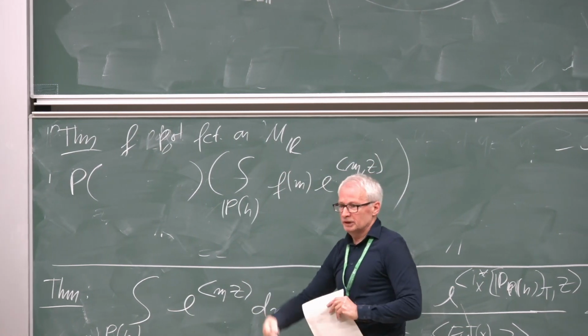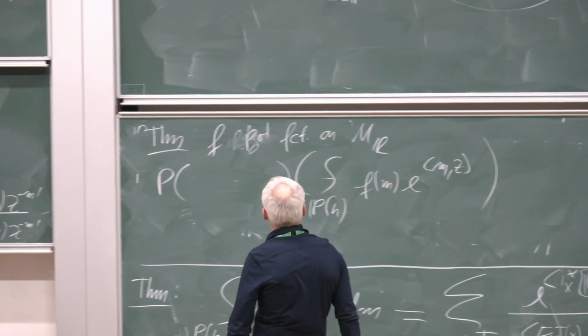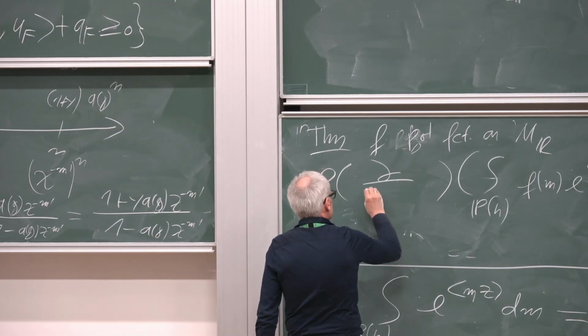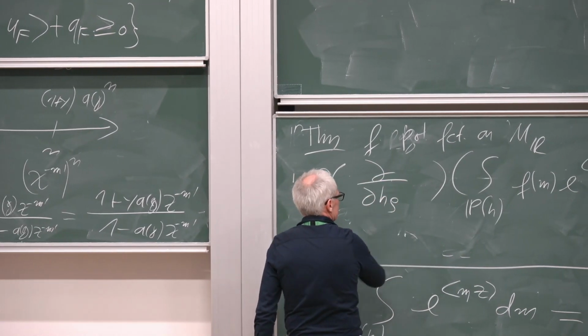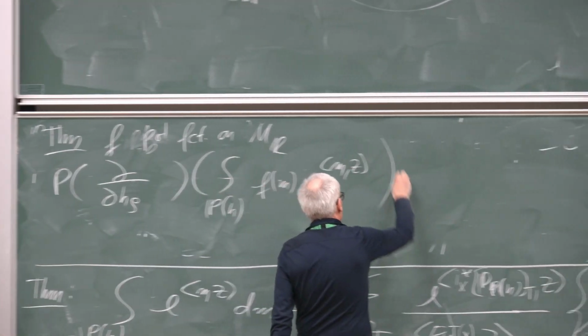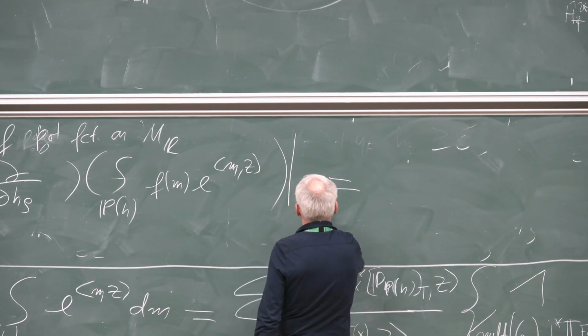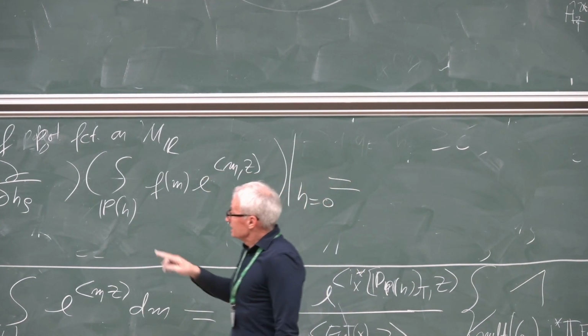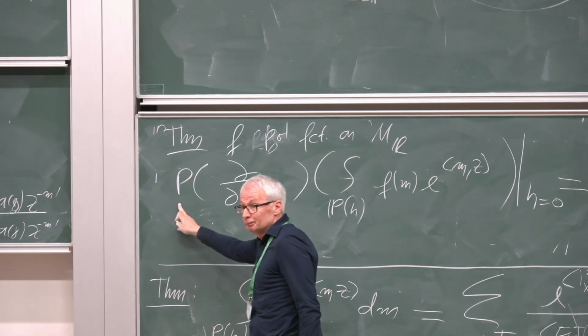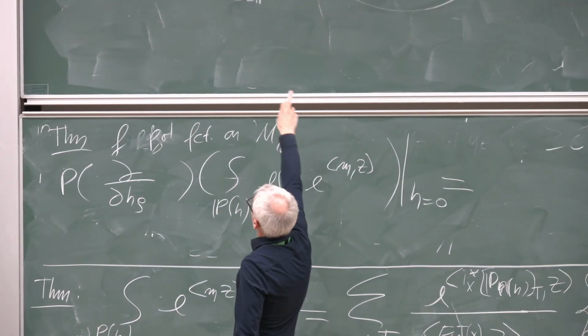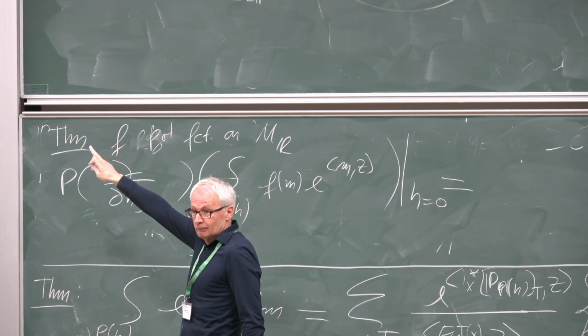To this deformed integral we apply an infinite differential operator, which is just differentiating as these deformation parameters and then evaluate at h equals 0. And this p, which we choose, is the power series representing the Todd class.